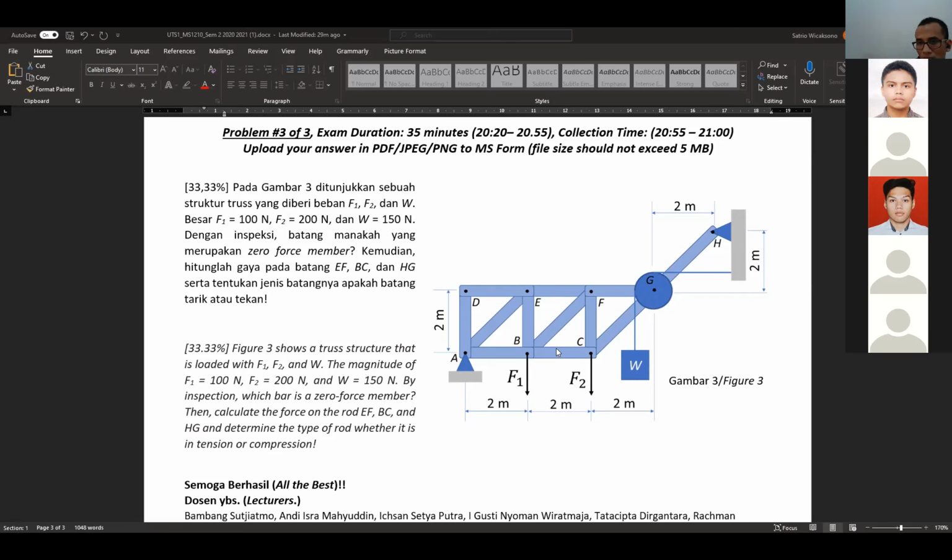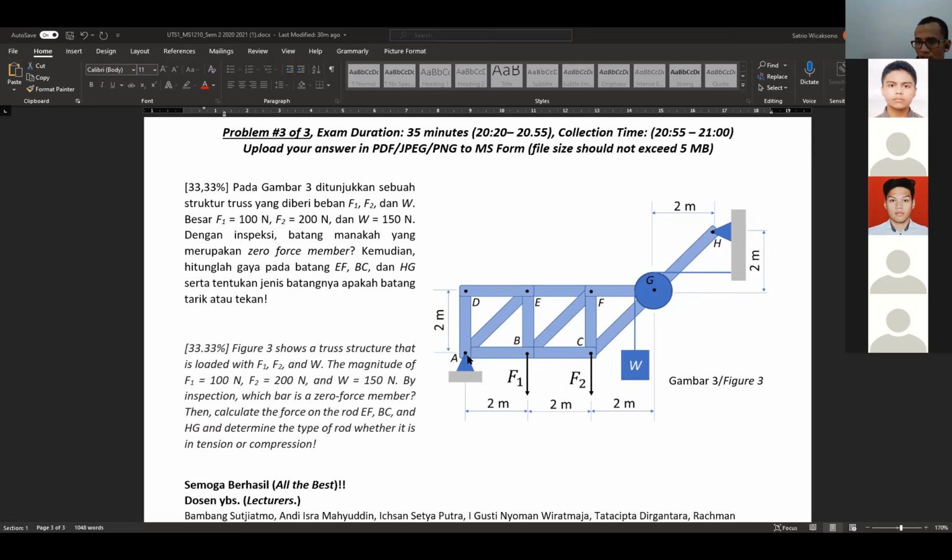Okay, so basically what you're supposed to do here with all these forces is to try to solve for the forces which are happening here and which are happening here.